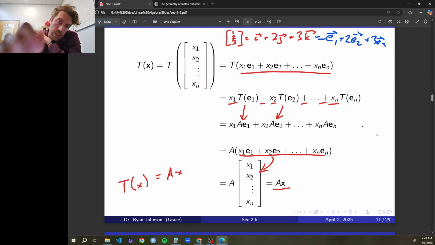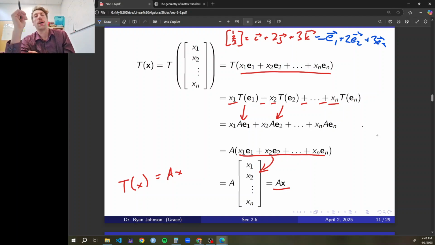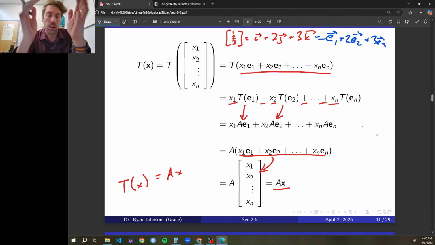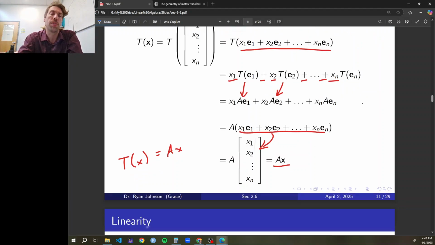Then x1 e1, x2 e2, all the way to xn en, that's just the vector (x1, ..., xn). That's A times that, which is A times x. So we just showed that if T was linear, then T of x equals Ax, where A is the matrix whose columns are T of e1, T of e2, and so on.